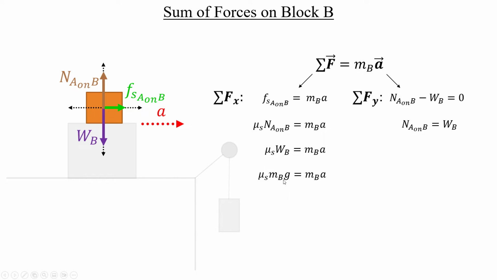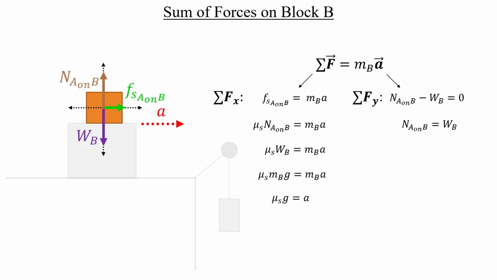And this is great because now I have the mass of block B on both sides, and I can cancel it out, and now I have an explicit formula or expression, however you would like to call this, for the acceleration. And if you recall from the previous slide, there was also a tension.